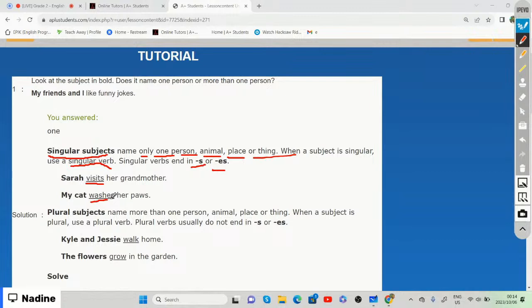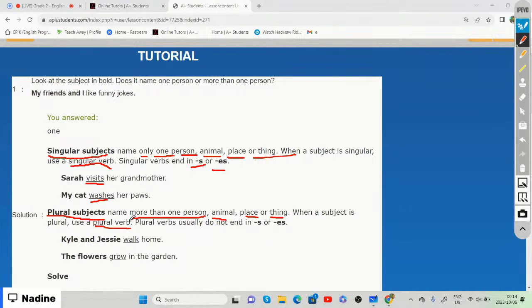And then we see it with plural subjects. Plural subjects name more than one person, animal, place, or thing. And when a subject is plural, we use a plural verb.